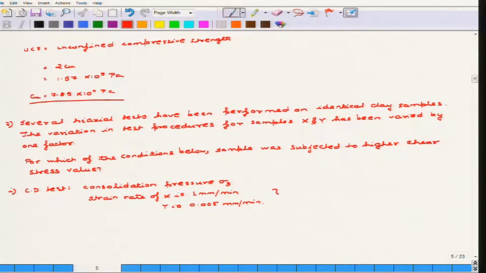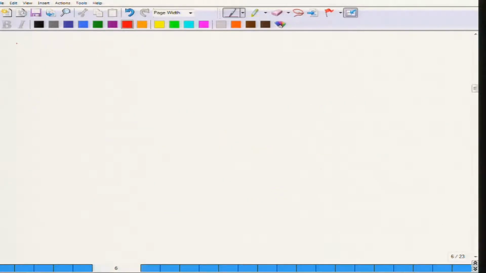Now in which of these cases you will see that the sample is subject to high stress value. So how do you find this out? So the first question is that, now you all know that for all triaxial tests, two Mohr circles are present.